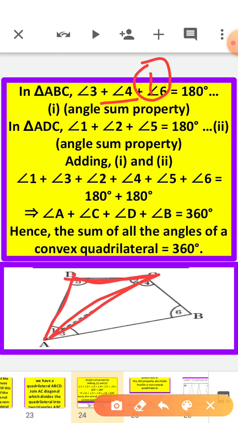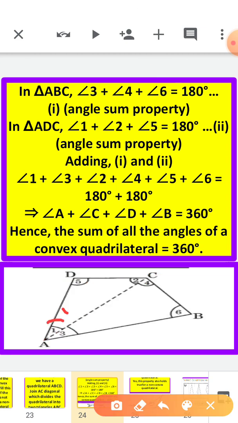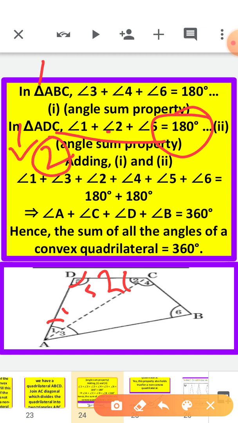In this triangle, this is angle 1, this is angle 5 and this is angle 2. According to the angle sum property of a triangle, the addition of all these angles is 180. So this is your equation 2.